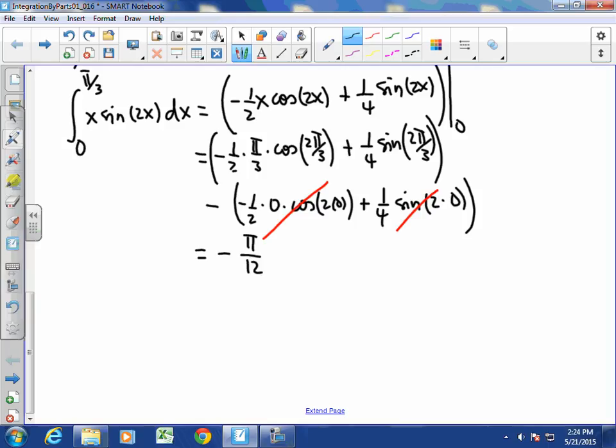And sine of 2 pi over 3 is root 3 over 2, so plus root 3 over 8. So that is our integral. The integral from 0 to pi over 3 of x sine of 2x dx is that. So we are done with that.